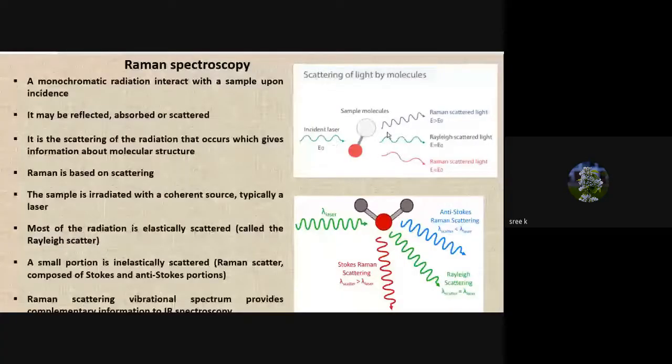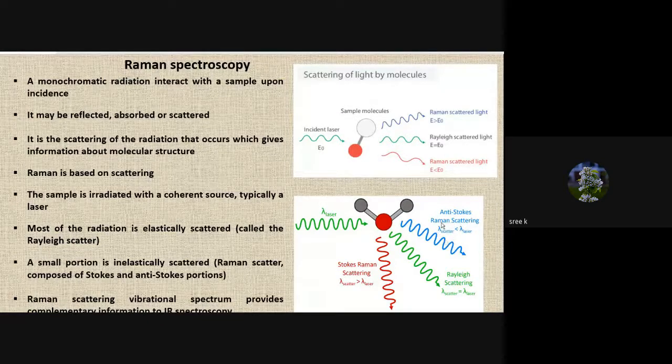Once it is inelastic, you have two modes. One is called Stokes and the other is called anti-Stokes. In anti-Stokes, the wavelength of the scattered ray is less than the wavelength of the incident laser.